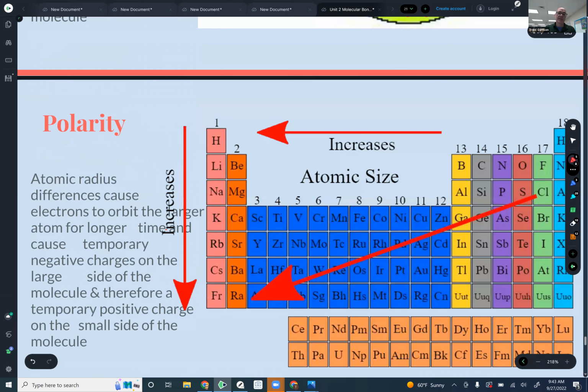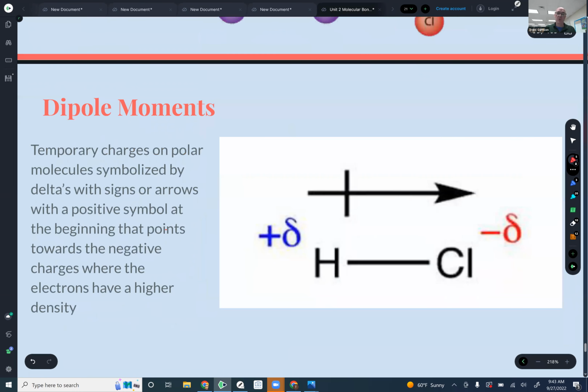And so let me go ahead and jump into that. Dipole moments. These are the symbols that we need to show on a molecule to prove that you understand that there is not equal sharing, that there is polarity, and it can be reflected in both ways or one of the two ways. You need to have those squiggly Ds, which represent a differential. They represent a delta, if you will. This is a lowercase delta.